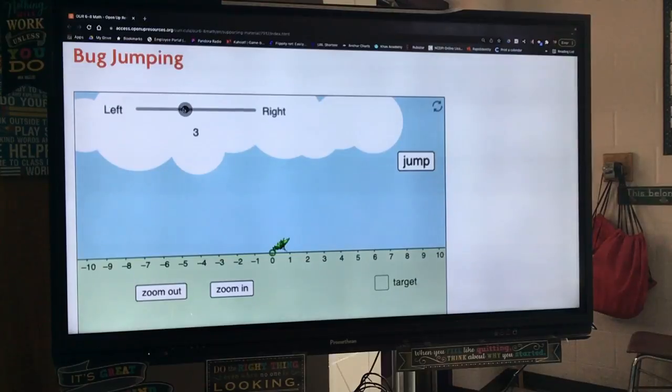Alright, Levy, where would it land? Give me 1. Negative. So it could land on -3. Or it could land on what else, Levy? Positive 3. Why will it either be 3 or -3?